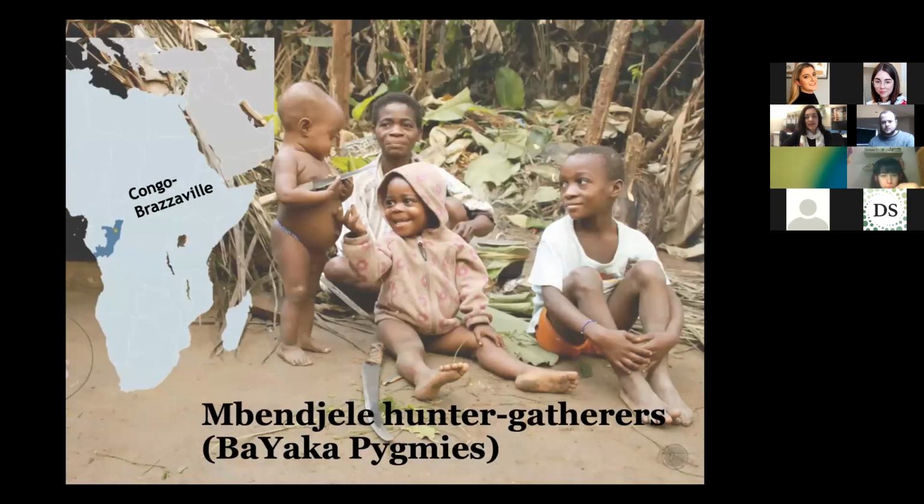So since 2013, I have been doing fieldwork in Congo, Brazzaville, studying Imbangele hunter-gatherers. They're also called BaYaka pygmies, and they are one of the many pygmy groups living across the Central Africa in the Congo Basin.